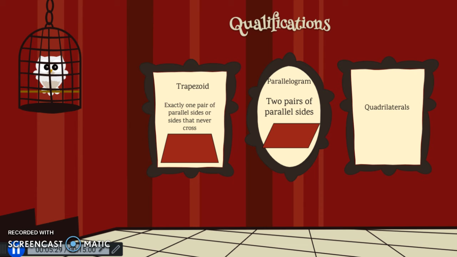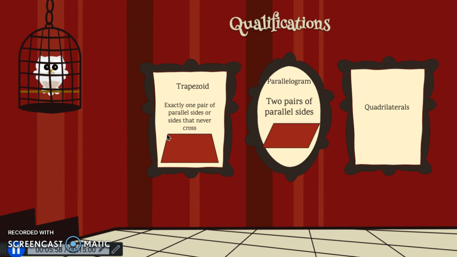Here are some others that we're looking at. The first one that you see here is a trapezoid. Now, to be a trapezoid, there has to be exactly one pair of parallel sides, or sides that never cross. Now, what that's saying is, if I were to keep these lines going in this same way, these lines are eventually going to cross over one another up here.